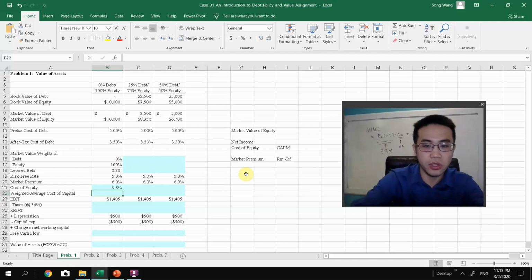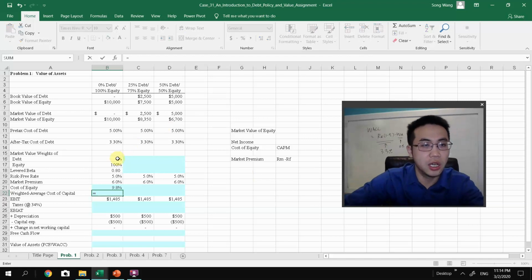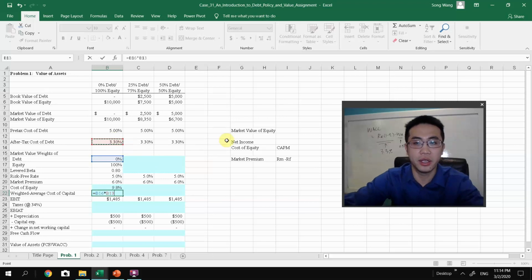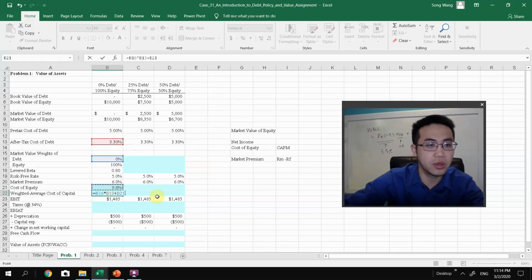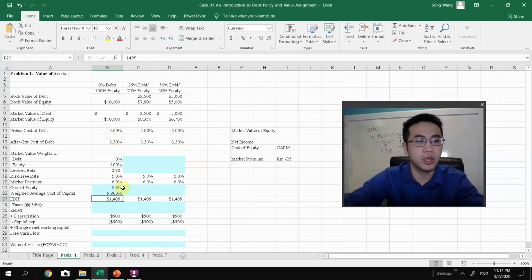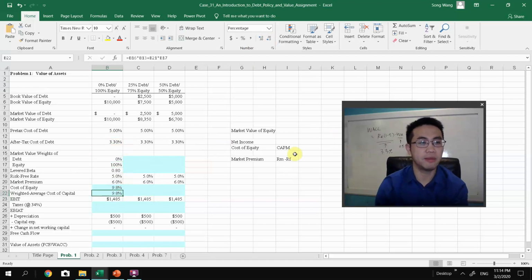You use 0% of debt, with the after-tax cost of debt, plus the 9.8% cost of equity times the 100% weight in equity. So your WACC is just the cost of equity because you have a fully equity-financed firm.